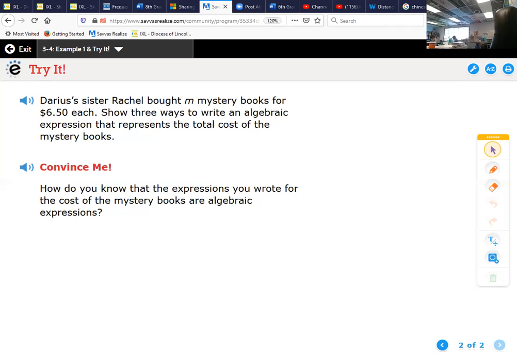What is one way I could write how much the mystery books cost? Jack: 6.50 times m, using what symbol? The X symbol? Okay, that's one way. What's another way? Anna: I could use the dot instead.